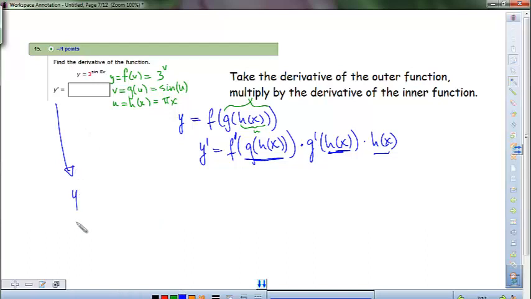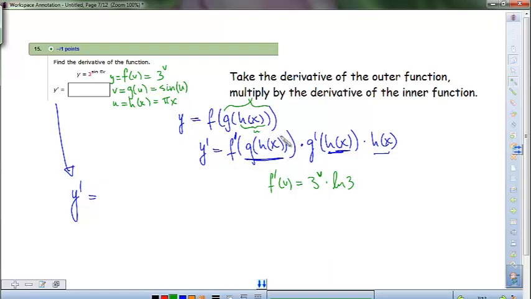So when we take our derivative, we need the derivative of these things. So let's do that off to the side, down here. So f prime of v is the derivative of 3 to the v, which is itself again, like an exponential function, times ln of 3. So that's the first derivative, and then according to this formula we're going to replace v with g of h of x.